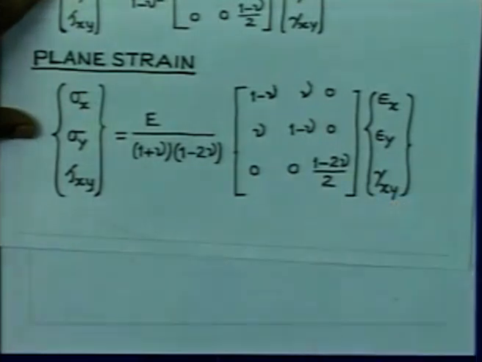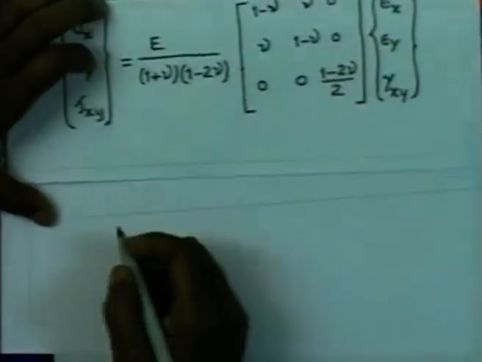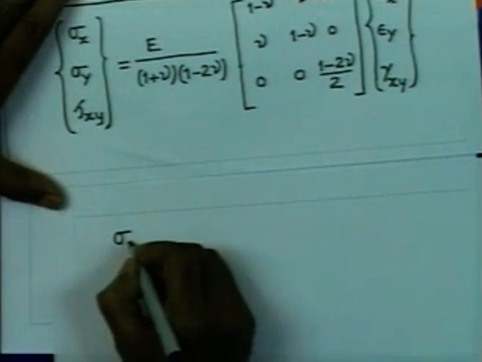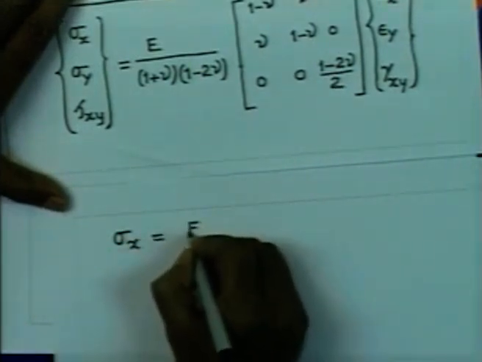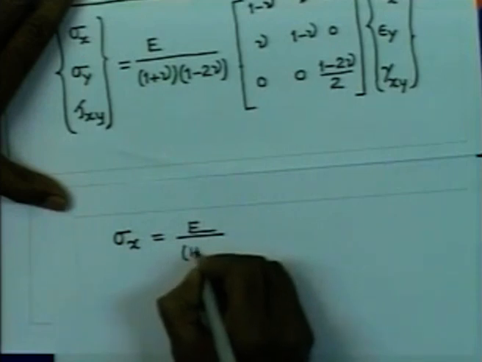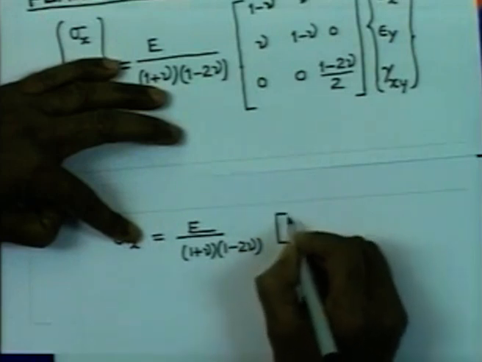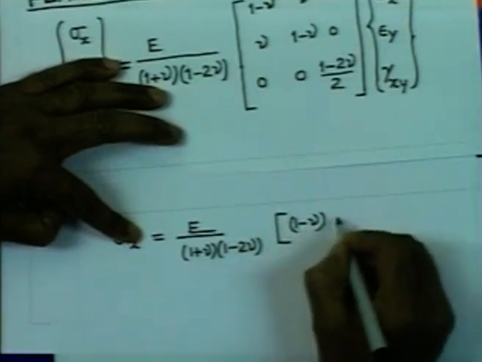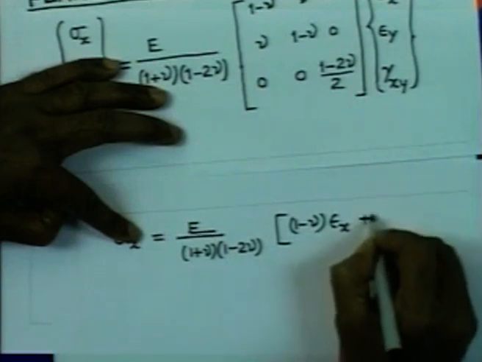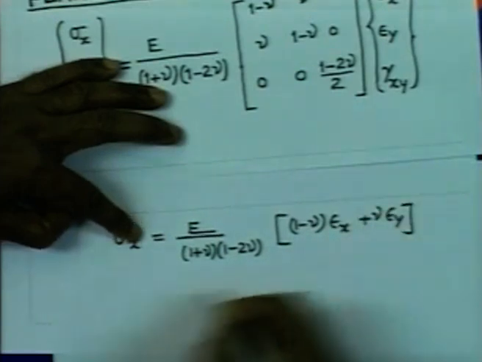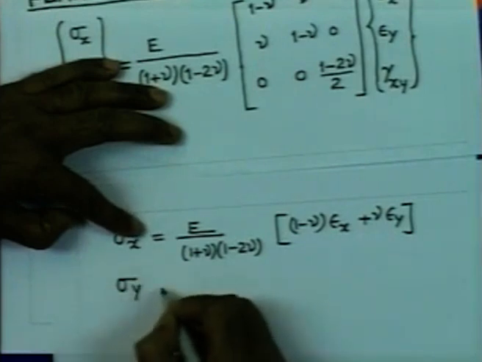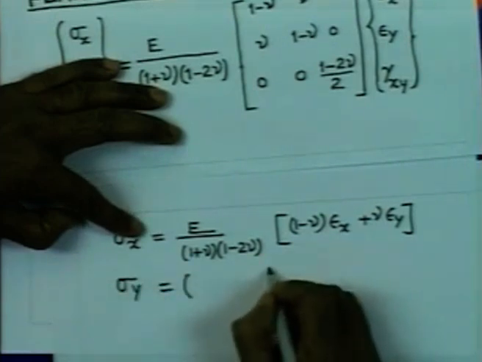Now, if you try to write these relations in the expanded form, you are going to get sigma x is equal to E by 1 plus nu 1 minus 2 nu into 1 minus nu epsilon x plus nu times epsilon y. Similarly, sigma y is equal to the same constant will come.